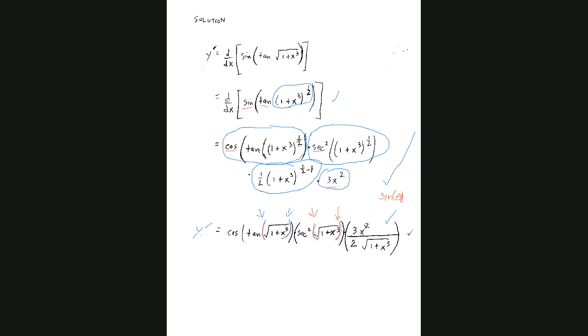Let's see, Lynn asks, how do you explain the square root part? All right, so good question. The 1 plus x cubed to the half minus 1, that's the same as 1 plus x cubed to the negative half power, right?